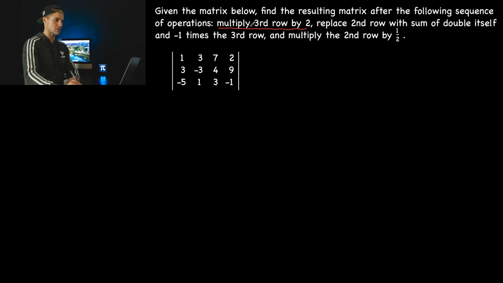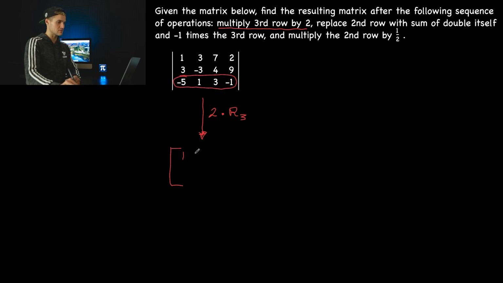So the first one here, multiply the third row by 2. So what we could say to represent that, multiply the third row by 2. So we could say 2 times R3, like that, right? So basically the only thing that's going to get affected is this third row.